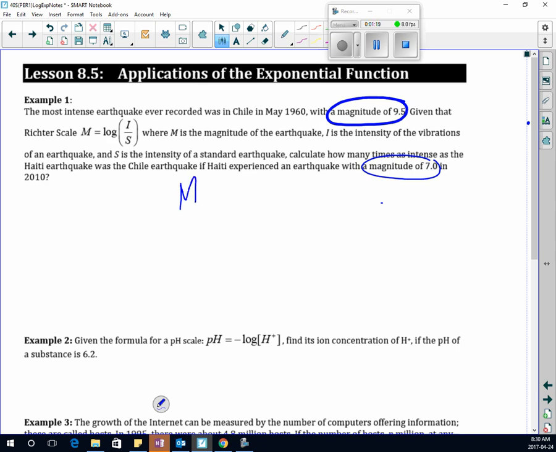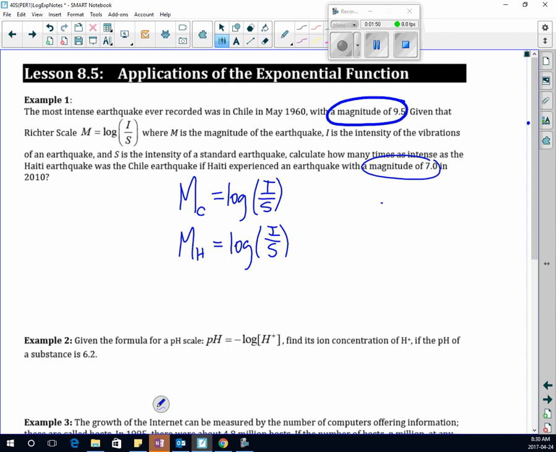The magnitude of the Chilean one, I'm going to call it M sub C, is equal to log of I over S. We don't know what those are. The other thing we know is the magnitude of the Haitian one is equal to log of I over S. And that's all we know. And we need to know how much more intense it is.